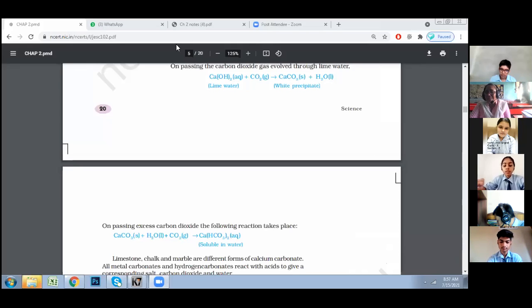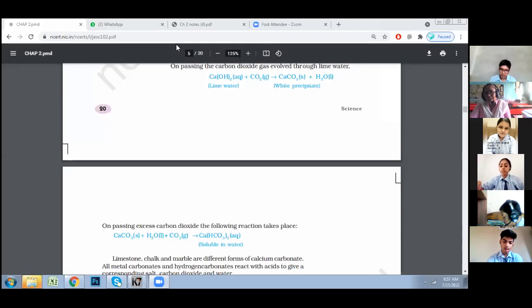But if I say write down the chemical test, and sometime it is not written, right? So you have to understand that write the chemical test of it. That means you have to pass the gas through some chemical, and the changes will be observed, on the basis of which reaction you will say that this gas is carbon dioxide only, and you will confirm this.